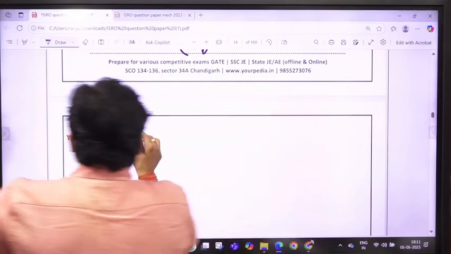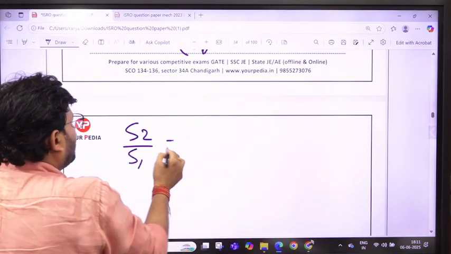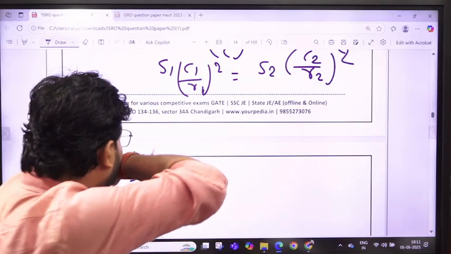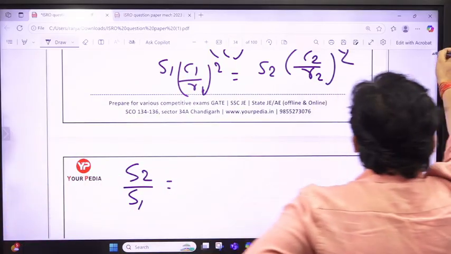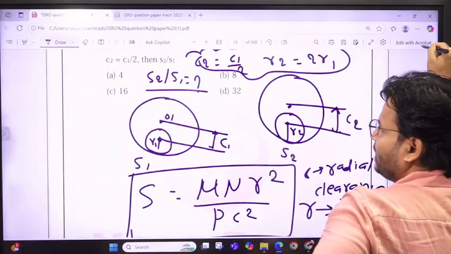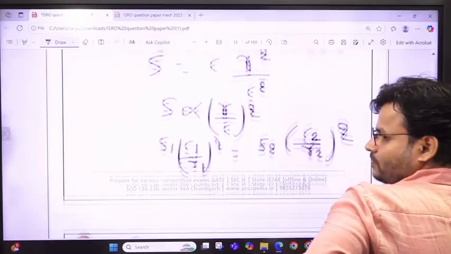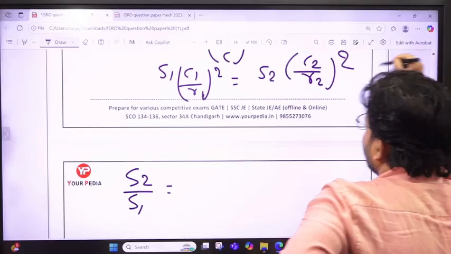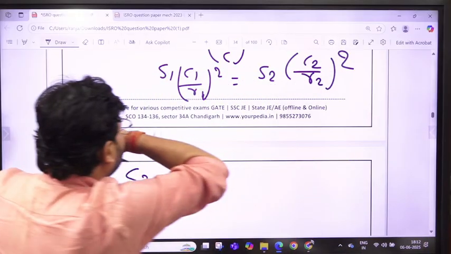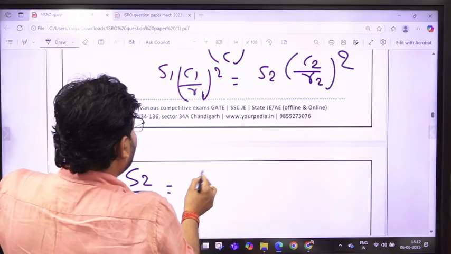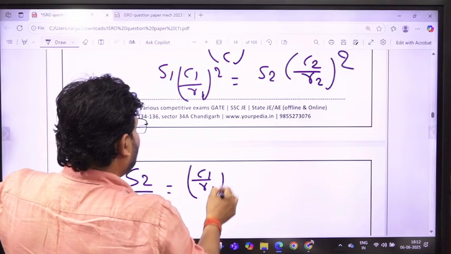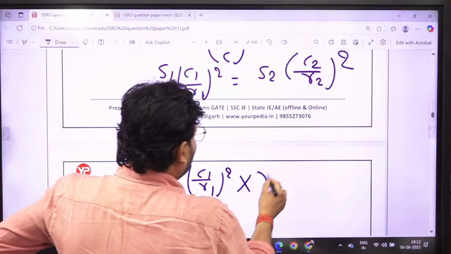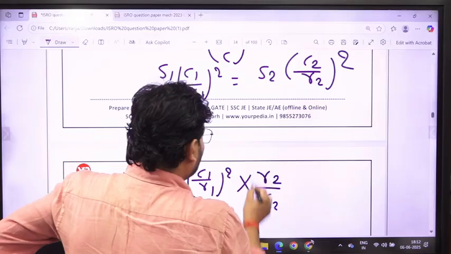So S2 upon S1, what value is coming out, my dear friends? S2 upon S1, or S1 upon S2? What needs to be calculated? S2 upon S1. So it will be c1 upon r1 square into r2 upon c2 square.